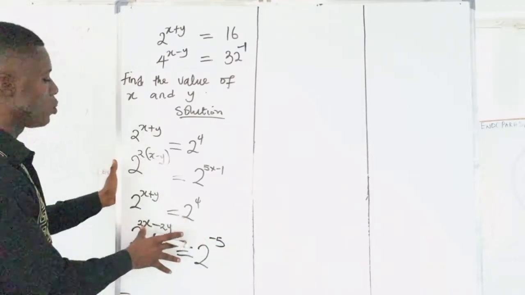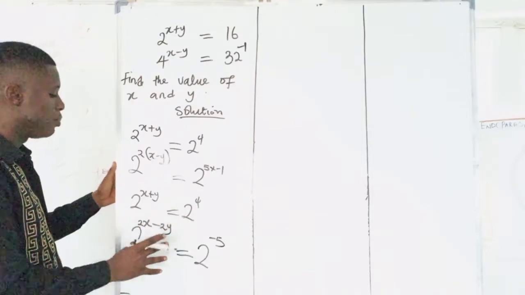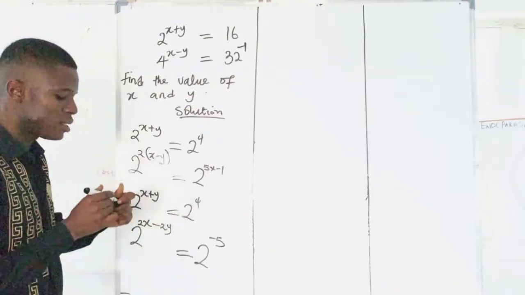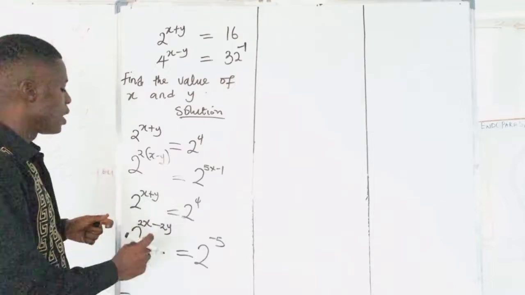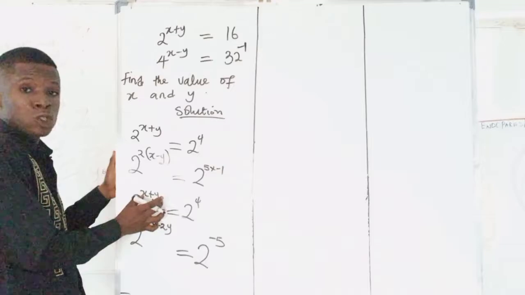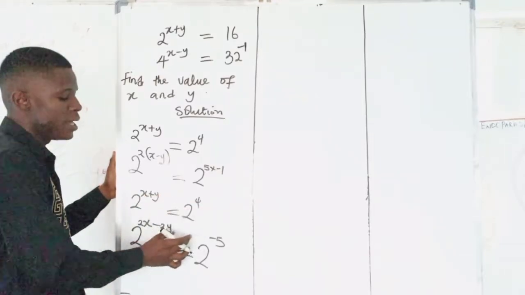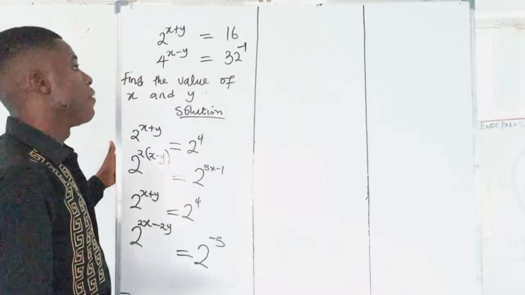At this end, we have reduced this to its common base. Since they have equal bases, my x plus y is equal to 4, and my 2x minus 2y is equal to minus 5.